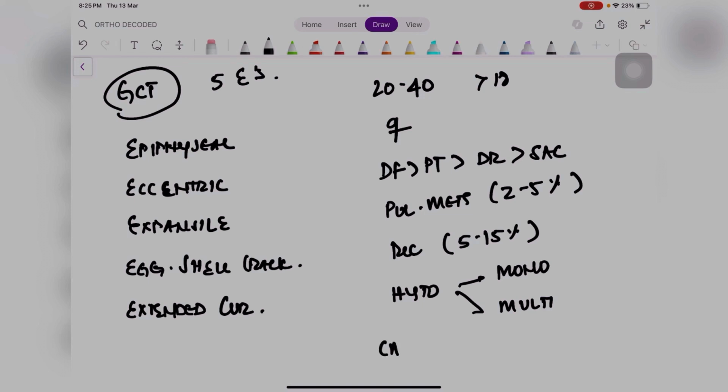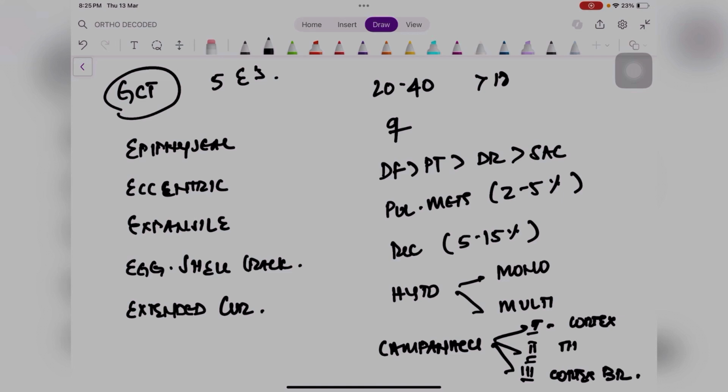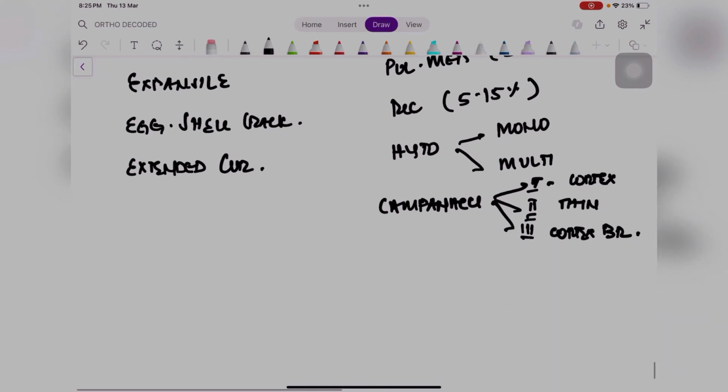Then Campanacci grading, where there are 3 grades. Grade 1, the cortex is intact; grade 2, the cortex is thin and breached; grade 3 has soft tissue extension. This you should remember. And one thing, the patient can have a pathological fracture.